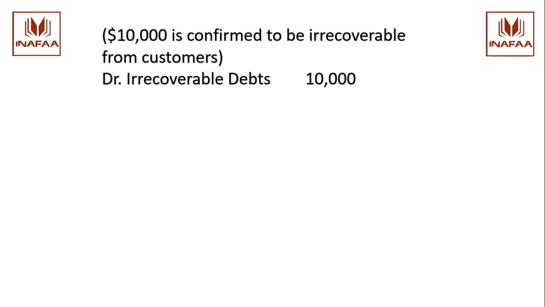But if the business considers that it will definitely recover that amount from the customer, then they might not record it as an irrecoverable debt. But otherwise, as far as accounting guidelines are concerned, normally a person who does not pay within 6 months of the due date is considered irrecoverable. So I will record an expense named irrecoverable debts.